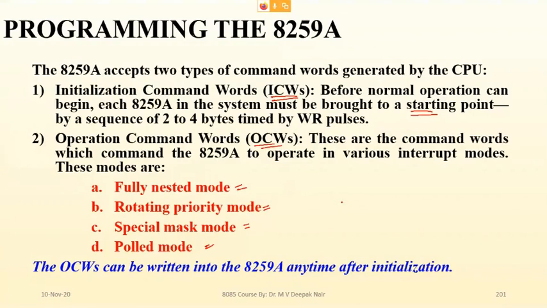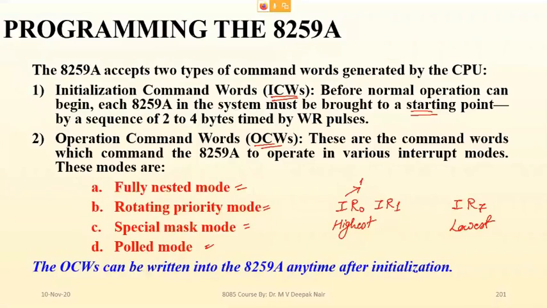For example, we said that IR0 to IR7. So this is the highest priority and this is the lowest priority by default. Suppose IR0 is served, then definitely the next interrupt that can be served is IR1.